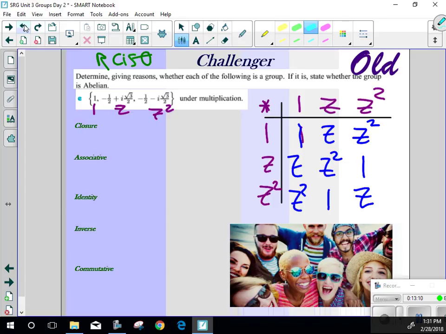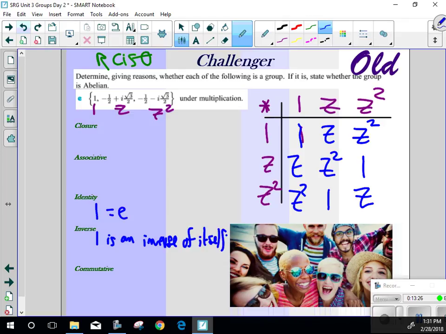So the only one that's an inverse of itself, we found 1 is the identity. Write this down: 1 is an inverse of itself. And what can you say about z squared and z? These are inverses of each other.